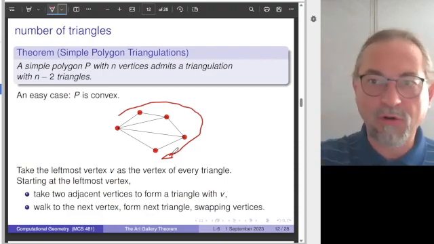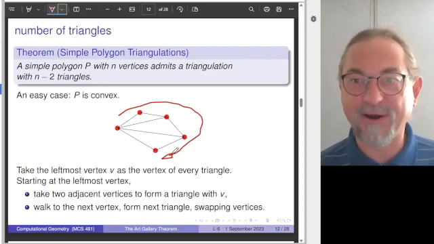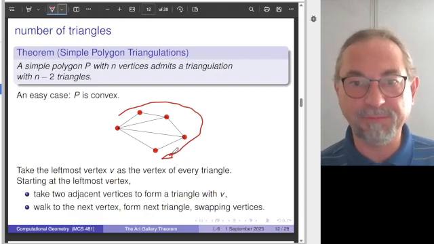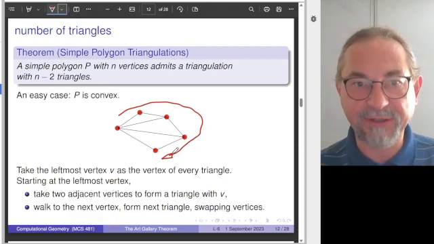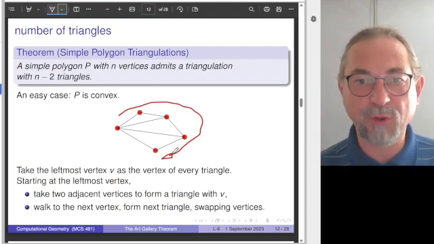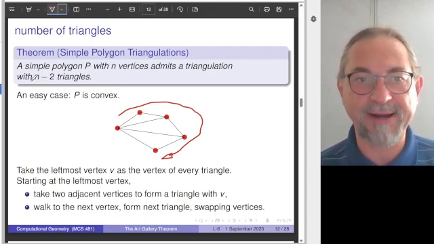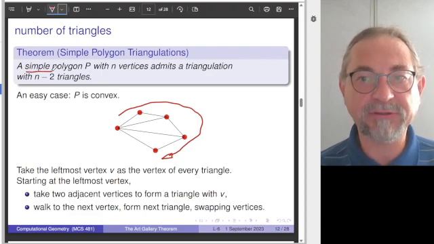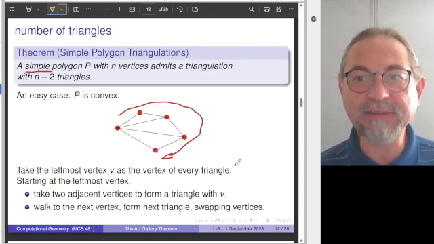So you can walk very quickly around clockwise or counterclockwise, depending on what you picked. But you can see that this theorem is very straightforward for convex polygons. For convex polygons, there is a triangulation that has n minus 2 triangles. Now again, simple polygons may not be convex. So it's a little bit harder.